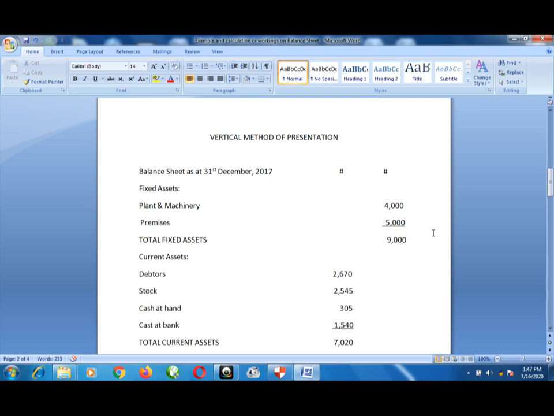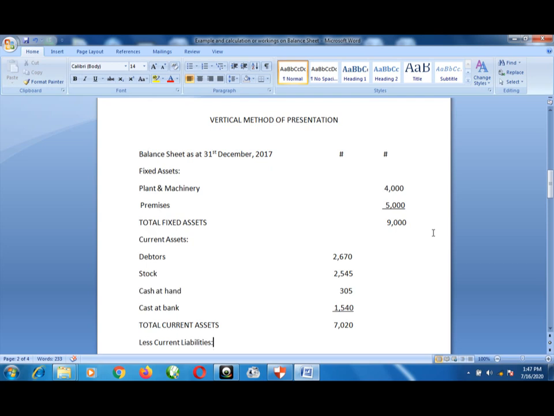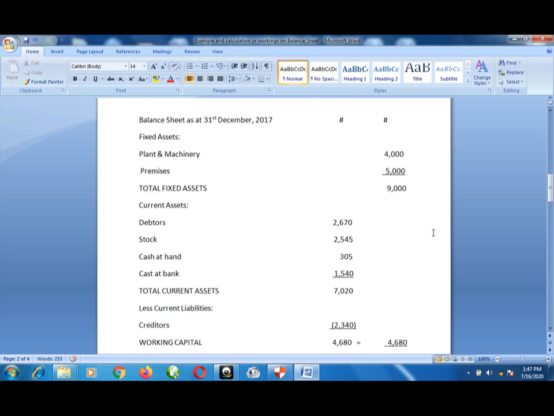From these current assets, we now put a heading, which is current liability. Now less current liability. The only current liability we have is creditors, which is a short-term liability.